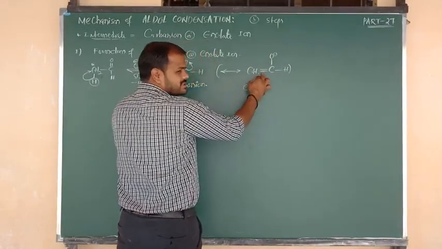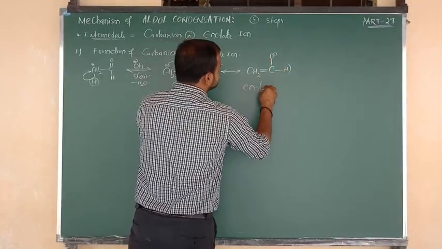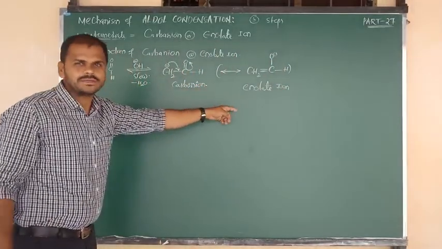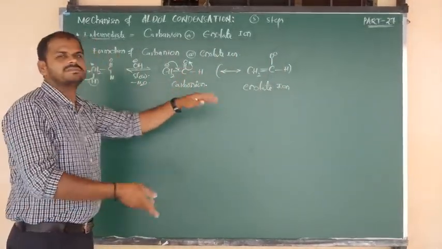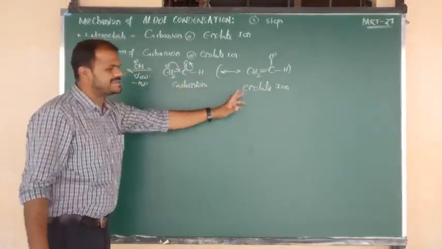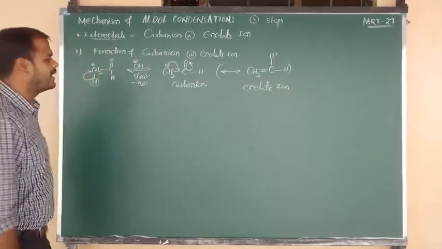Now it looks like the enol form, so we can say it is the enolate ion. Carbanion and enolate ion are the same, both resonating with each other. That's why we say the intermediate is carbanion or enolate anion. I hope you understand this clearly.